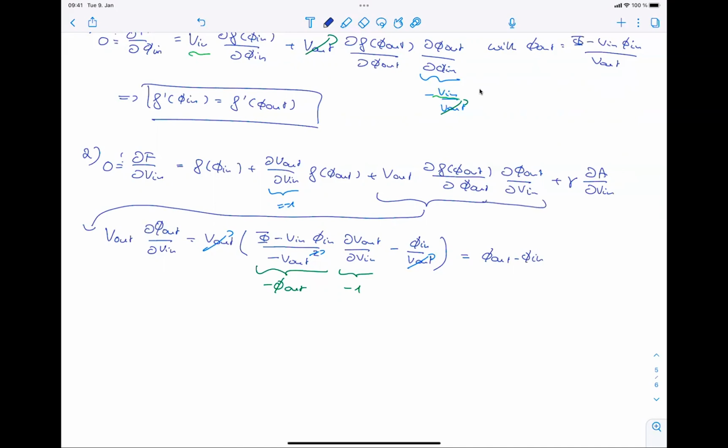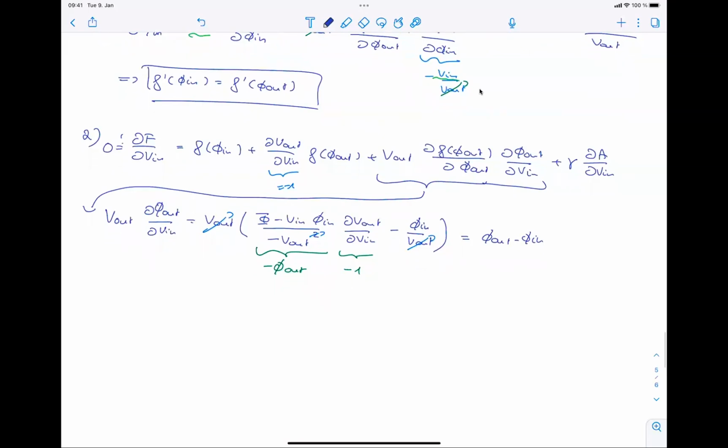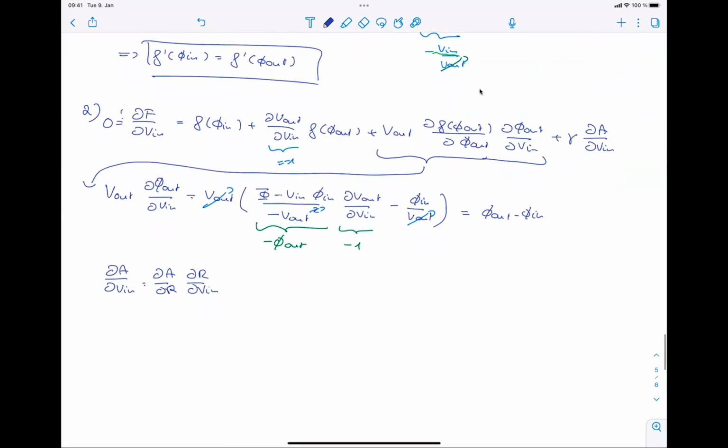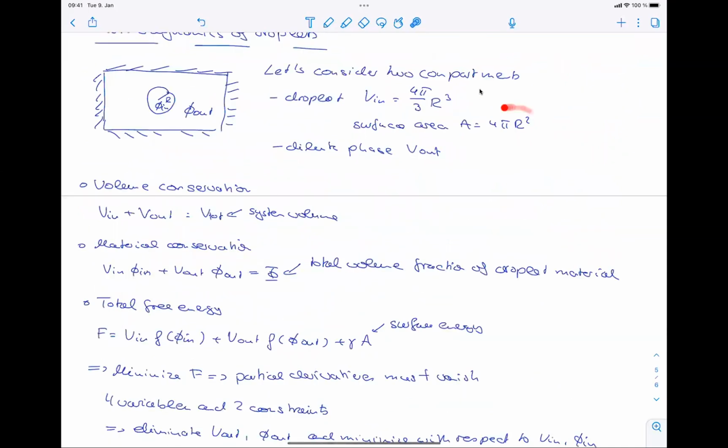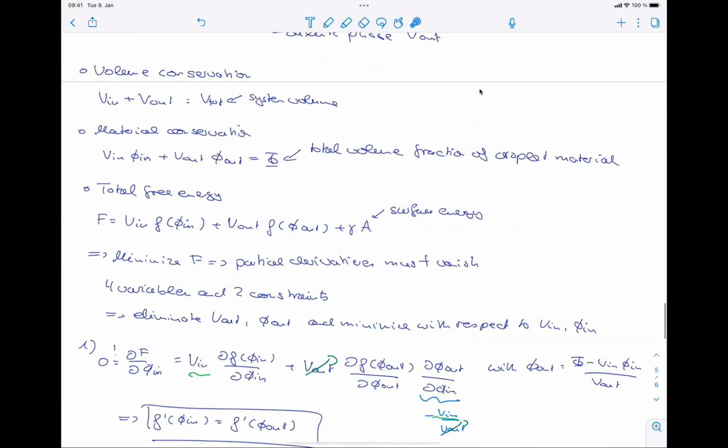And then we also have to deal with the surface term. So dA/dV_in, that's dA/dr, radius of the droplet, dr/dV_in. The surface area is 4 pi r squared, so it's 8 pi r.